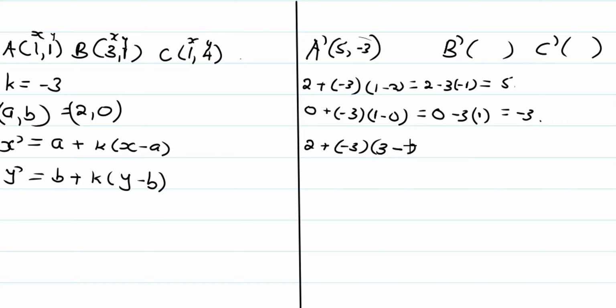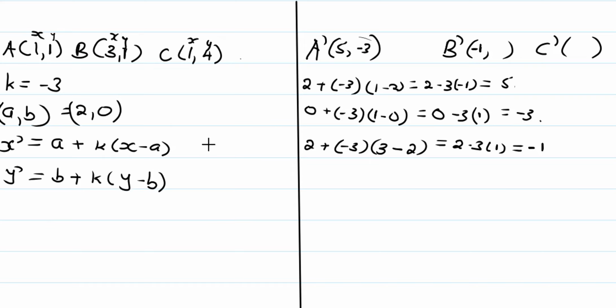So it becomes 2 minus 3, I open the brackets, then 3 minus 2 is 1. So in brackets here 1, so it becomes 2 minus 3 by 1, which is just 3, so 2 minus 3 is just -1.